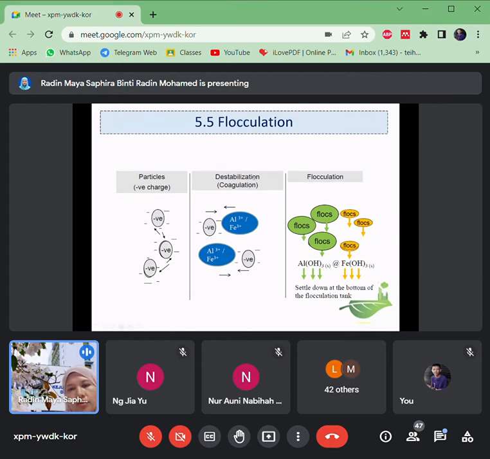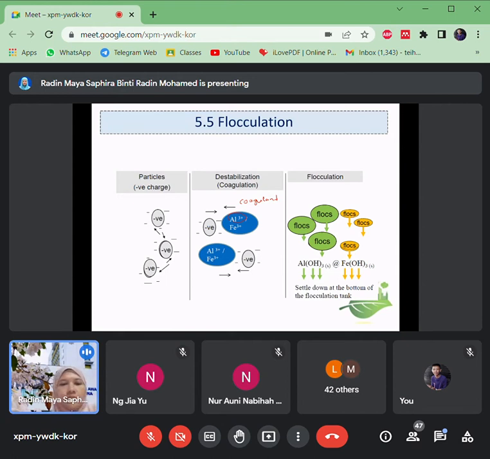There are lots of coagulants, but the one we commonly use is alum, because it has a positive charge and is heavier. So when they attract and combine, it becomes heavier, so that it is easy to settle.